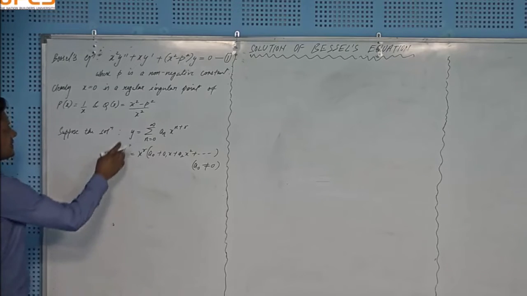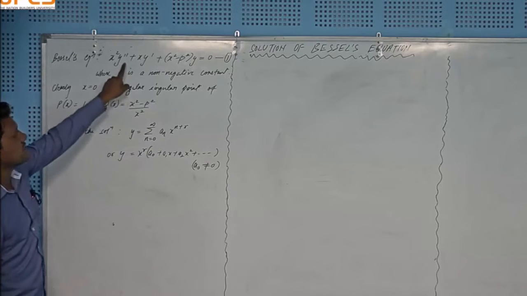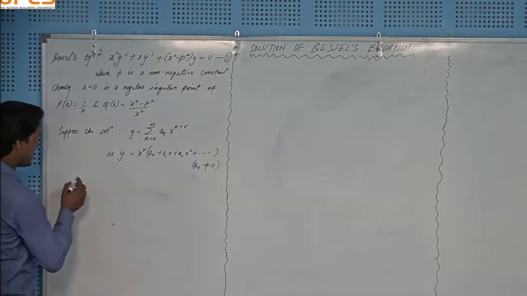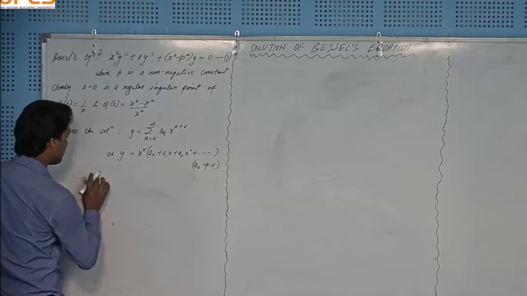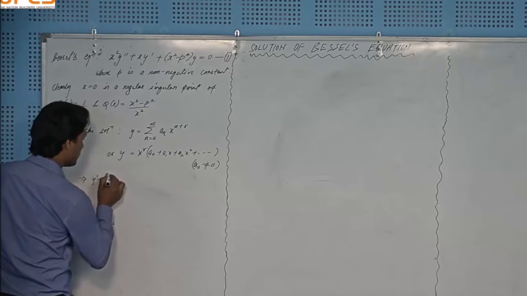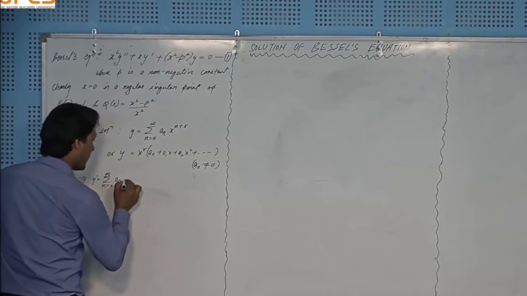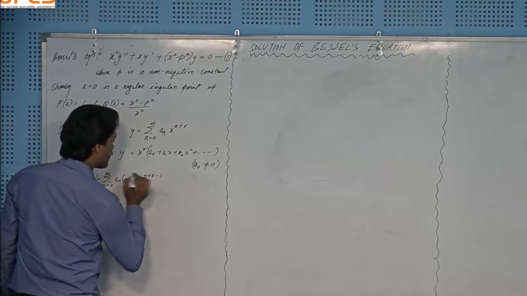Now I will differentiate this to obtain y dash and y double dash, in order to plug those values in my equation number 1. On differentiating, y dash is equal to summation n equal to 0 to infinity a_n (n plus r) x to the power n plus r minus 1.